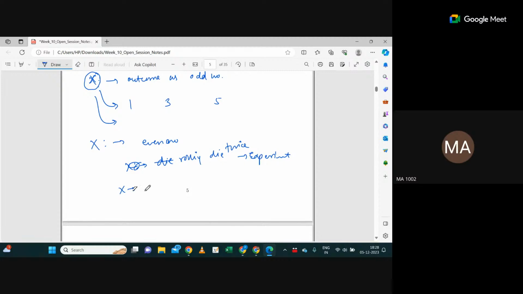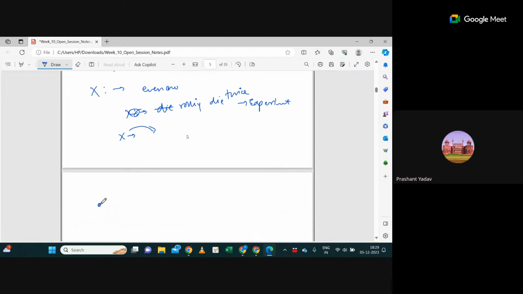Let's say both dice show the same number, or x represents the sum of the dice being 7 or more. Accordingly, x is going to take values. In a random variable we can take any value, so it depends how we are defining it.